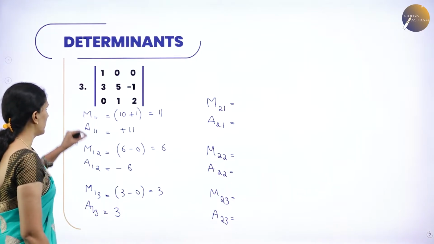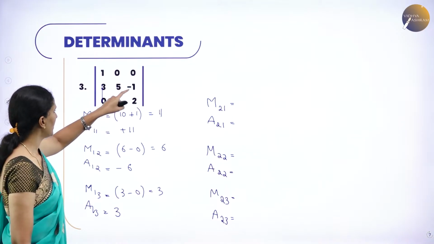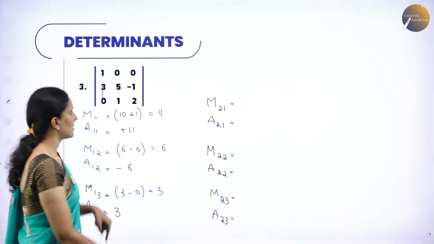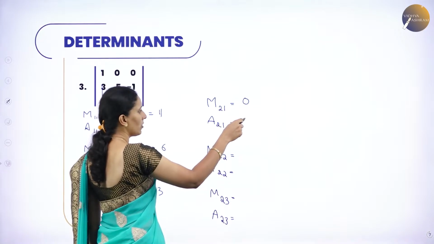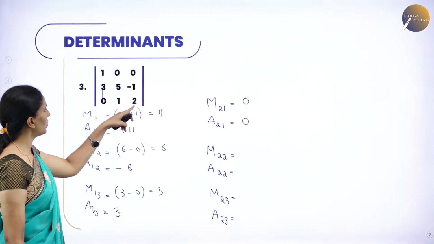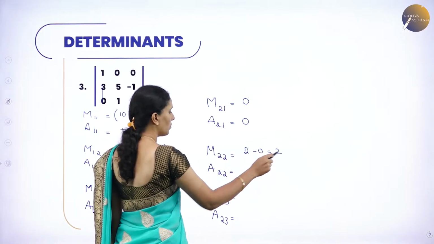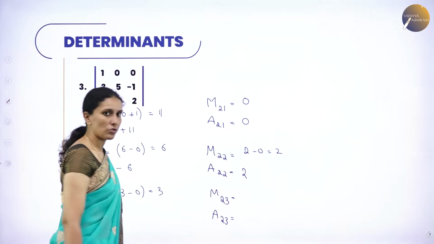Now M21, second row first column element. Delete the row and the column, then it is 0 times 0 minus 0, which is 0. If the minor is 0, then the cofactor is also 0. Next for 5, we have 1 2s are 2 minus 0, so 2 minus 0 is equal to 2, and this is positive, so the cofactor is also 2.